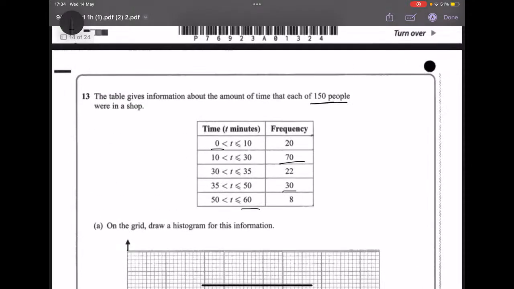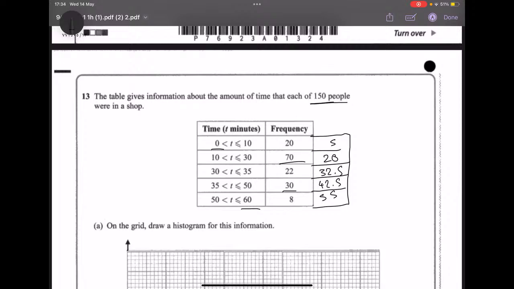So what we would do first is find the midpoint of the time. The midpoint here is 5. The midpoint here is 20, the midpoint here is 32.5, the midpoint here is 42.5, and the midpoint here is 55.